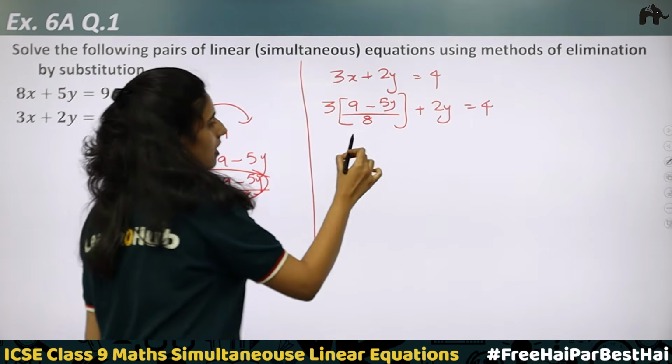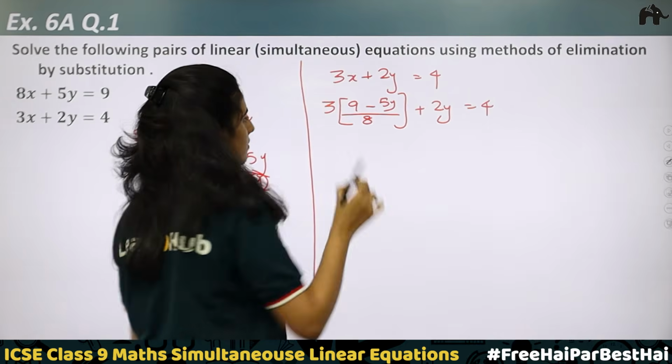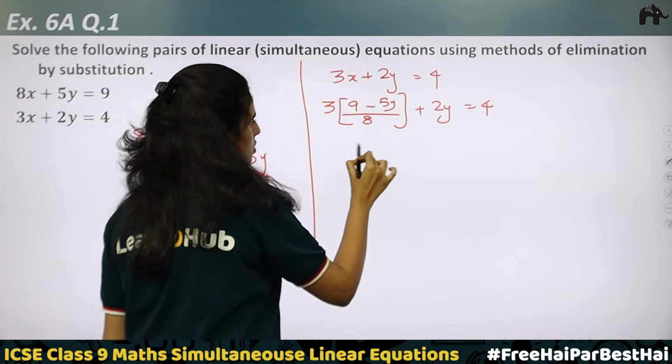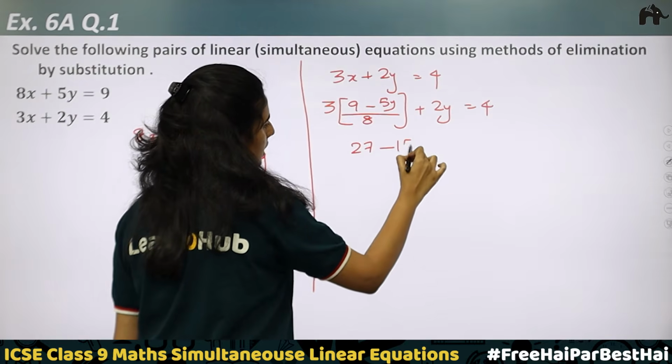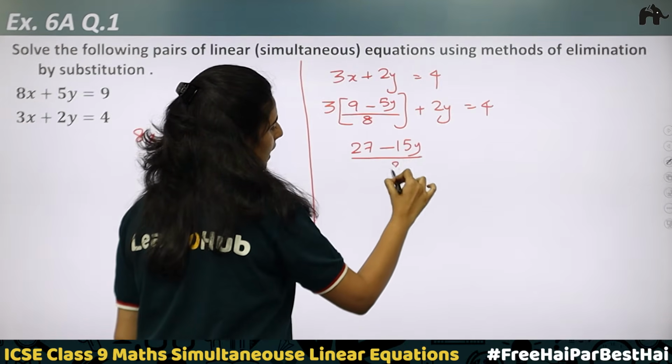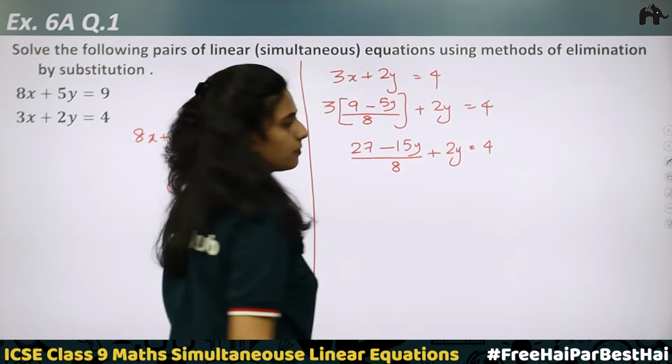Now, removing the brackets and multiplying, we get 3 into 9, 27, minus 3 into 5y, 15y, divided by 8, plus 2y is equal to 4.